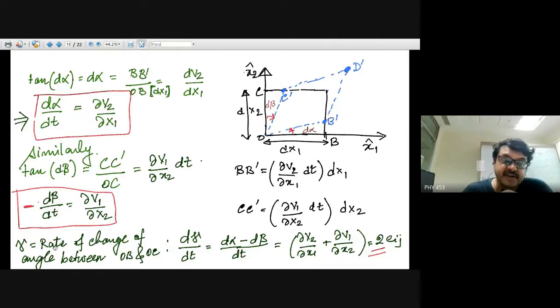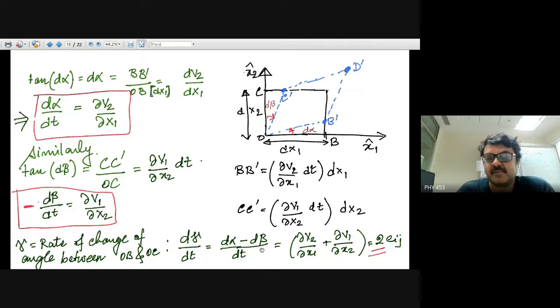So rate of change, right? Why rate of change? Because, just check the dimensions. The rate of change of the angle between OB and OC, which can be given as dγ/dt, is this. And this comes with a minus sign.